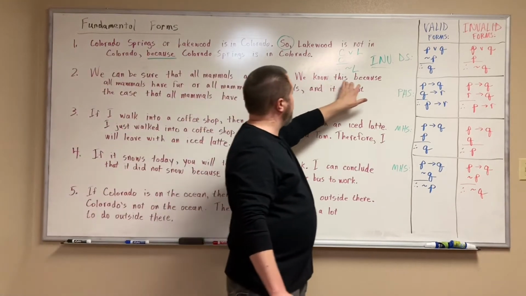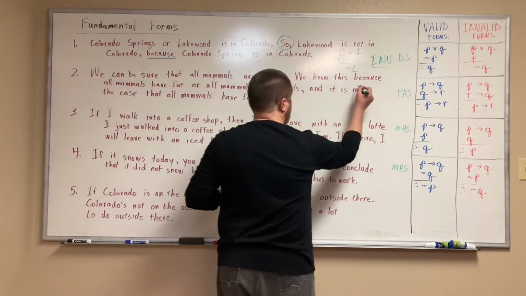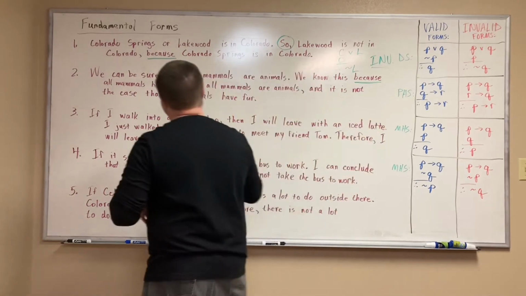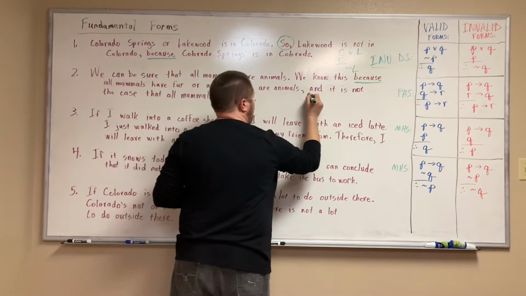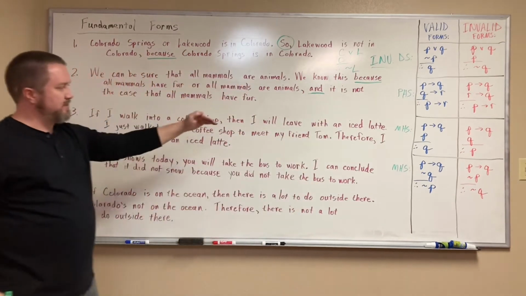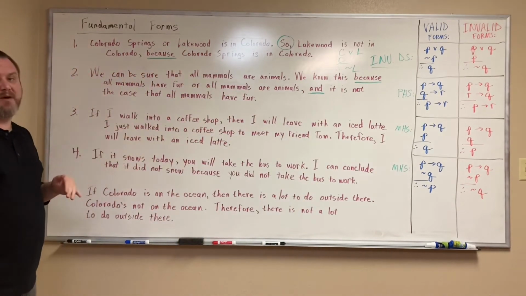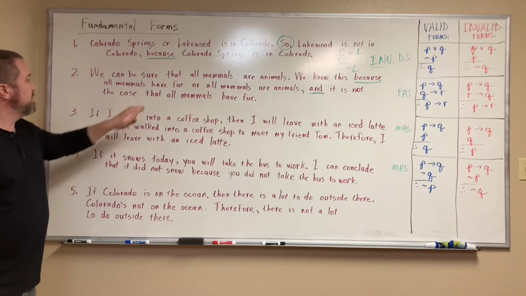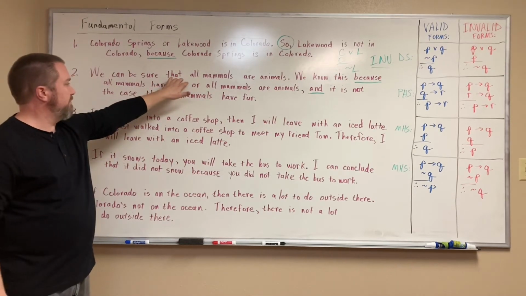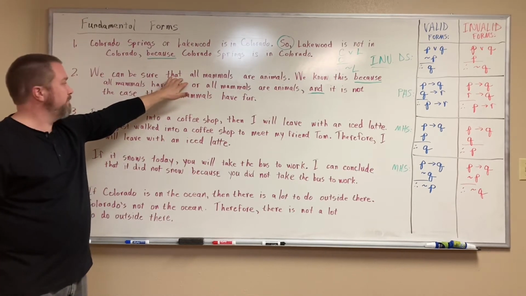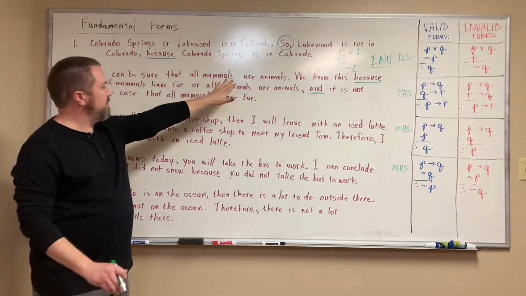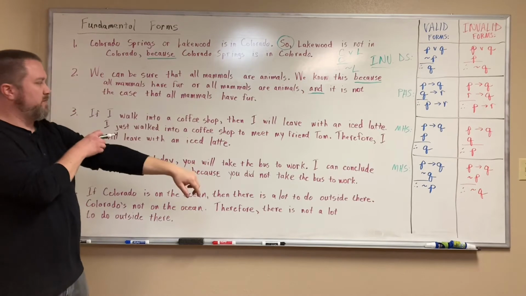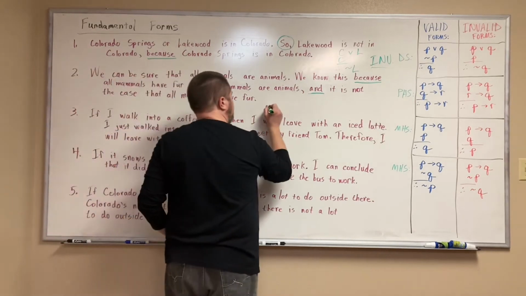Leading off this statement, we know this because, and we know that the last 2 statements are going to be our premises. So we're left with this statement for our conclusion. So we can be sure that all mammals are animals. All mammals are animals is going to be our conclusion.